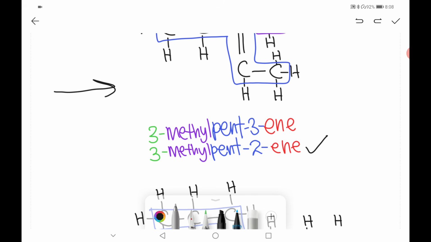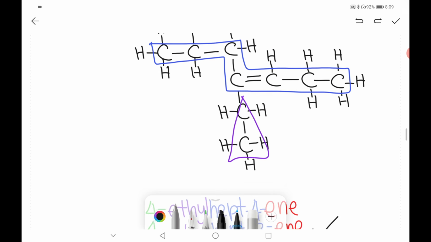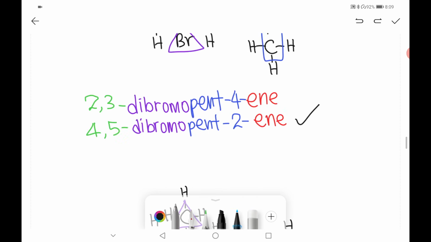If you count the branch from the left, you must count the double bond from the left also. If you count the branch from the right hand side, you must count the double bond from the right hand side. Only use one direction. And always remember, the double bond will get the smaller number. So you always want the number at the back to be as small as possible. This is everything you need to know.